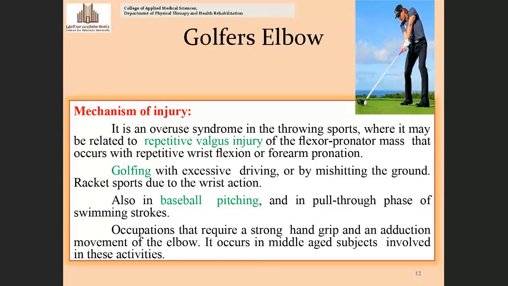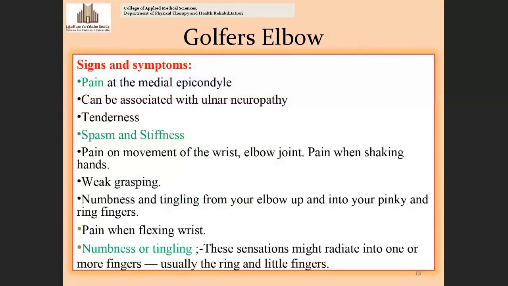Occupations that require a strong hand grip and an adduction movement of the elbow also produce such problems. It occurs in middle-aged subjects involved in these activities. Generally, golfer's elbow occurs in players involved in golf, swimming or baseball pitching.